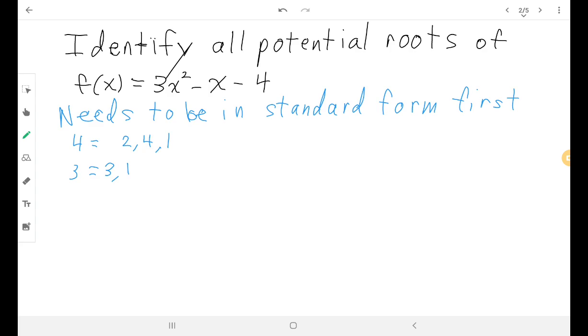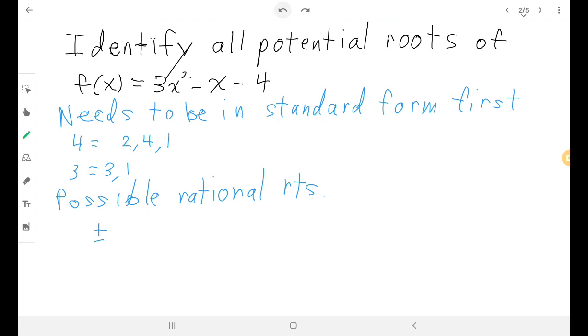So what we're going to do is the possible rational roots are the following. You do plus or minus, meaning you can use the positive of this or the negative of this, and then you take every combination. So you start with 2 and divide it by each one of those. Okay?